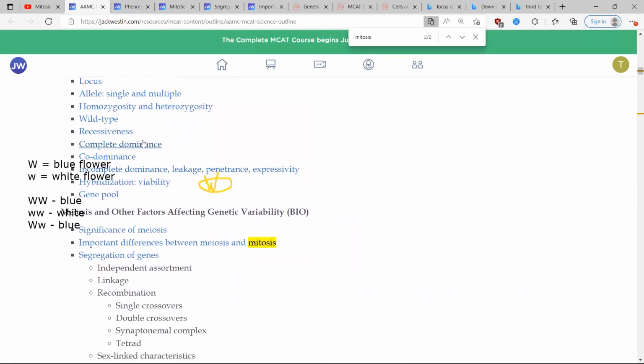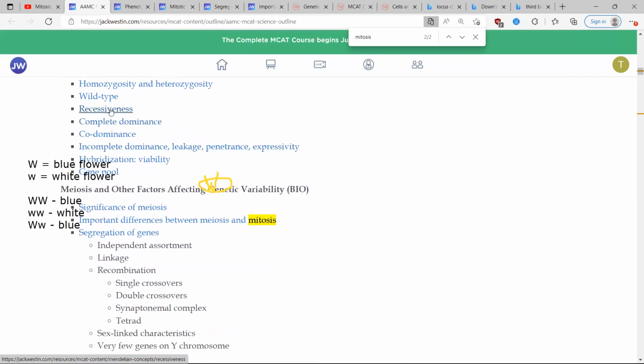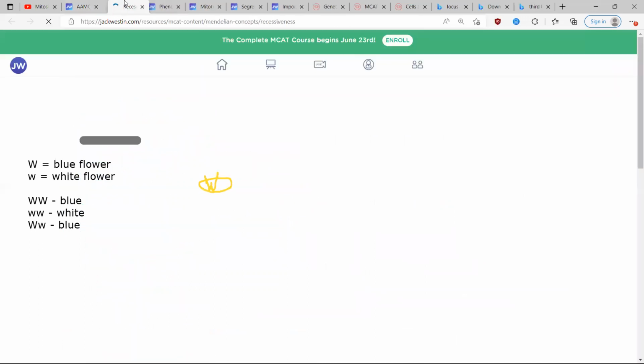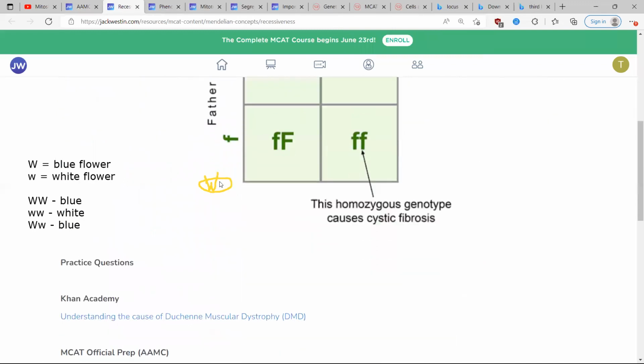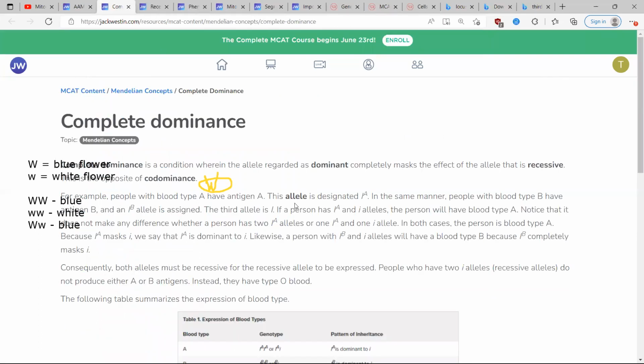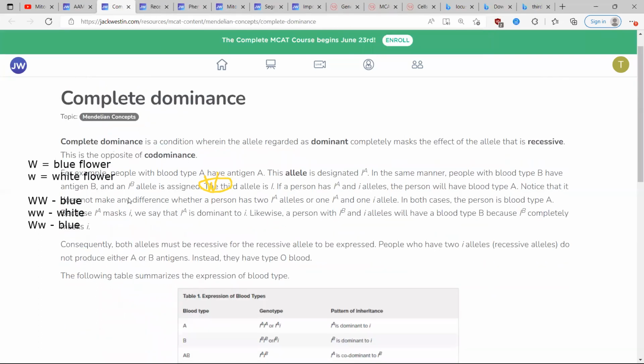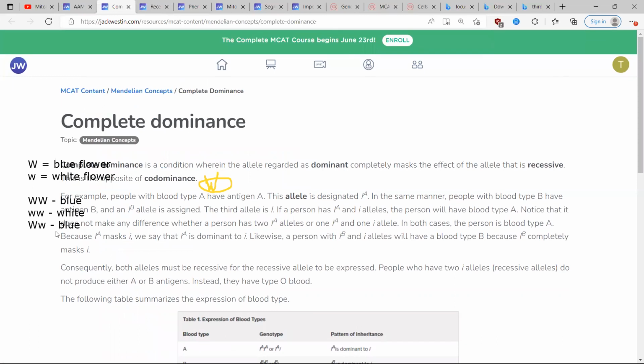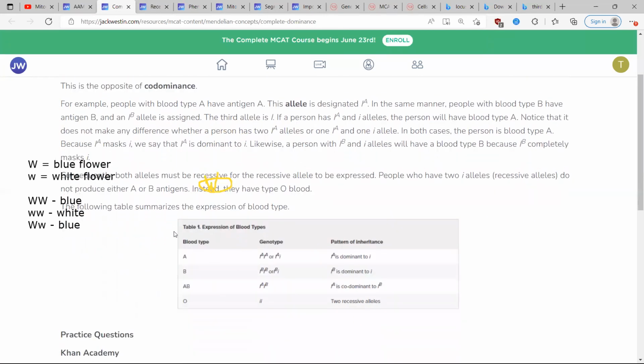Okay, so now we can talk a little bit about, we talked about recessiveness. I just told you that if you have a capital W and a lowercase w, then the capital W wins, right? And the flower will be blue, right?